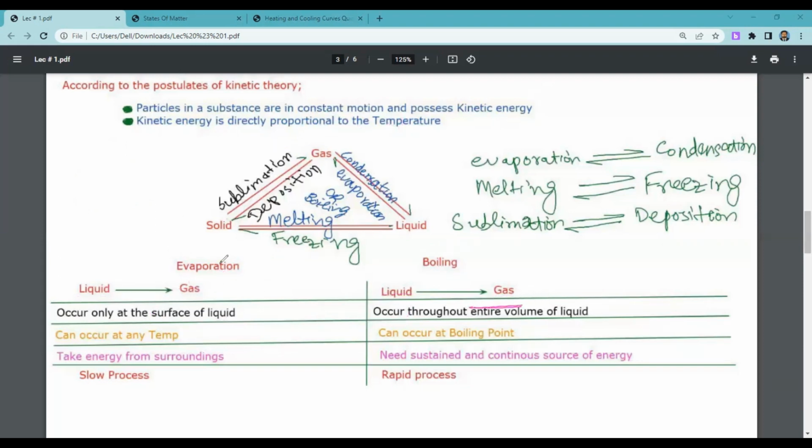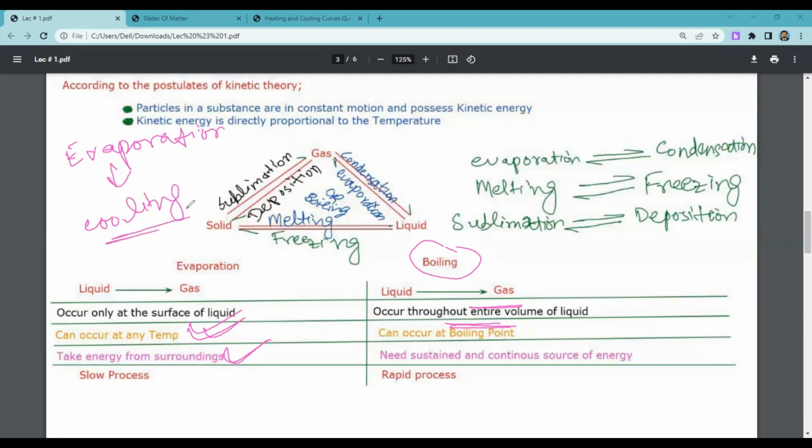The second difference: evaporation occurs at any temperature, while boiling occurs only at a certain temperature that is called the boiling point. Evaporation takes energy from the surroundings. That's why evaporation causes cooling. Evaporation is a cooling phenomenon because it takes energy from the surroundings. How?